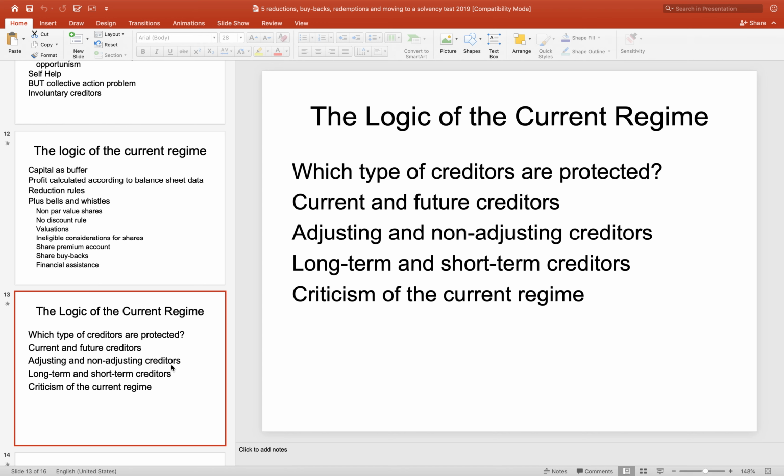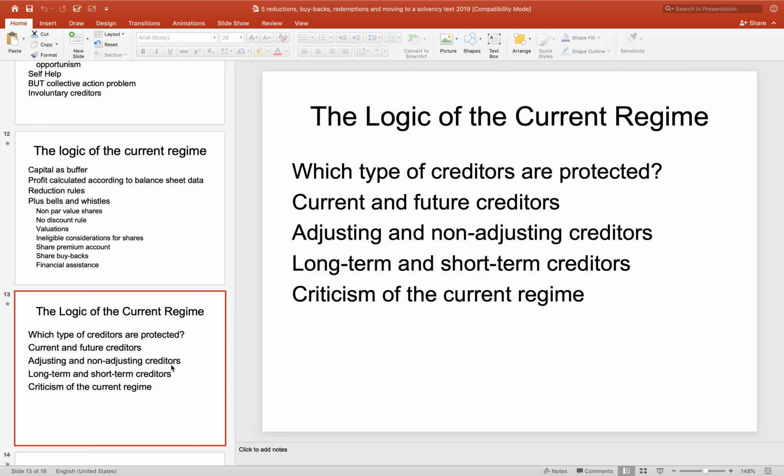So long-term future liability isn't something that you need to take into account currently. The current regime protects adjusting creditors, well, in as much as there's disclosure, but not beyond that. And the idea is really to provide for non-adjusting creditors because you create this entry on the debt side, so you have to keep more assets than you need for your current creditors. And therefore, there are more assets there than you actually need.